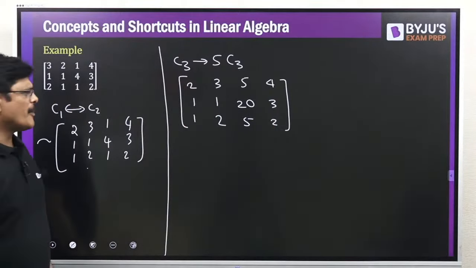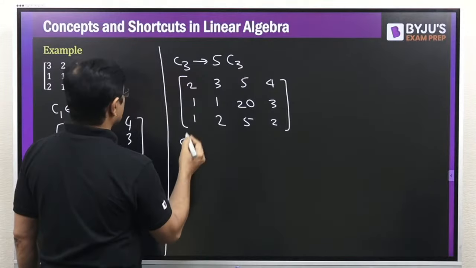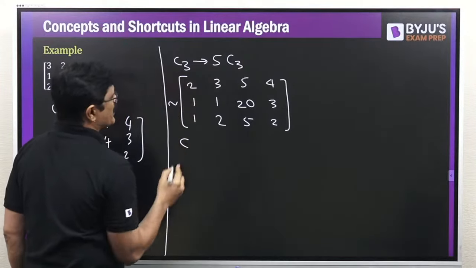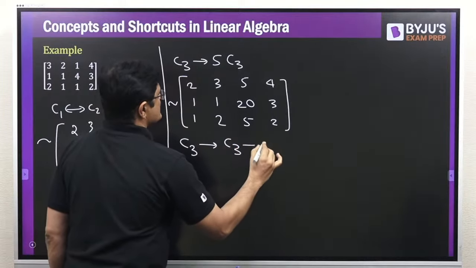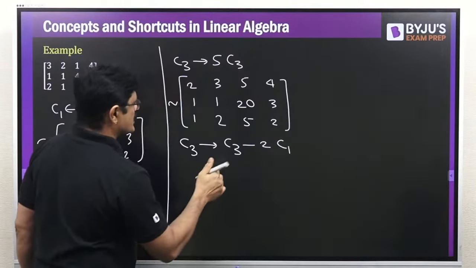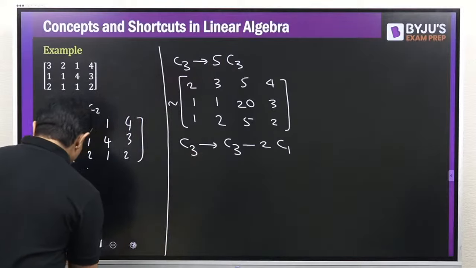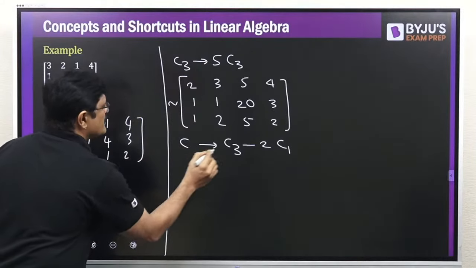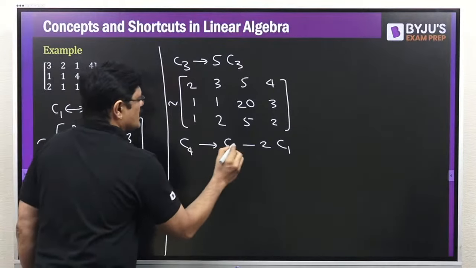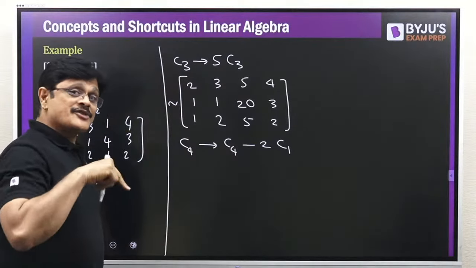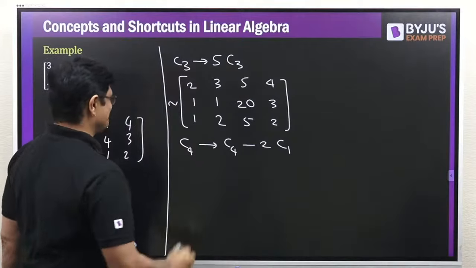And the third type of column operation. Okay, let me do this on this. It is some matrix. C3 is C3 minus 2 times C1. Okay, C4 let us do it. C3 is also fine. It's not like we cannot do it. Let us do it for some purpose. You do this for C3, that is homework for you.